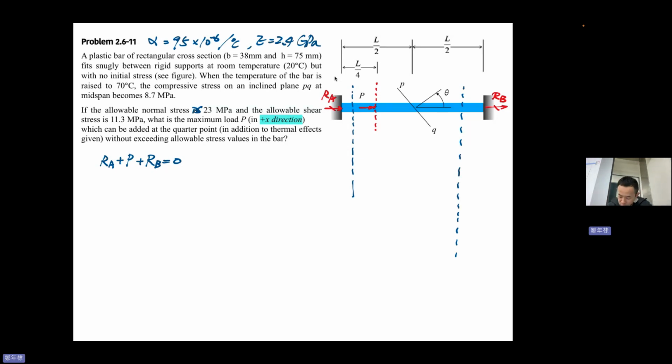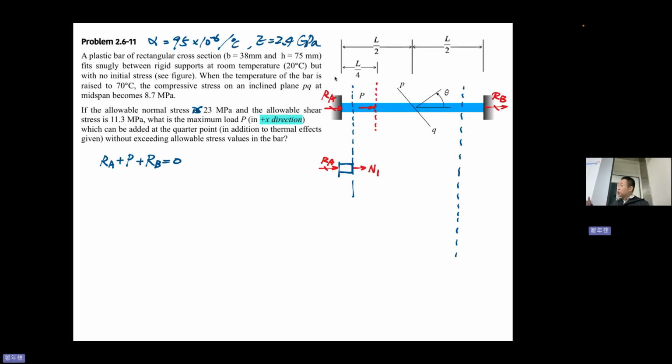So let's continue. Firstly, we write down here RA, and this is N1.